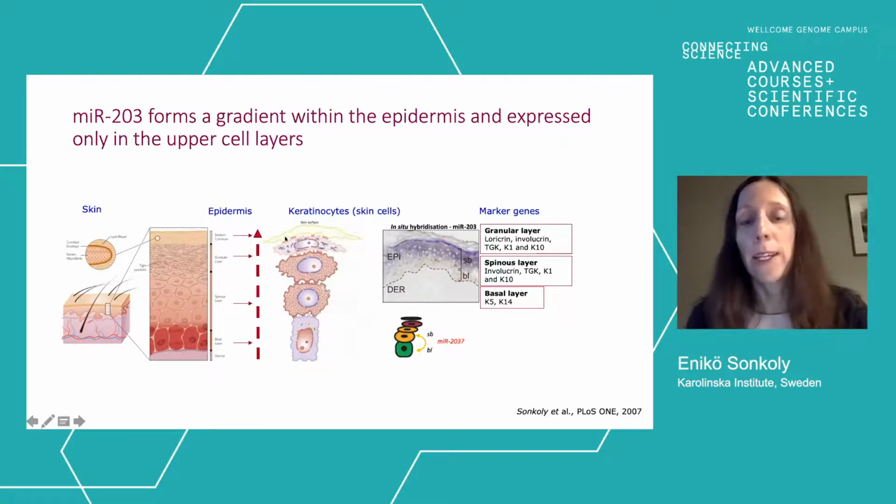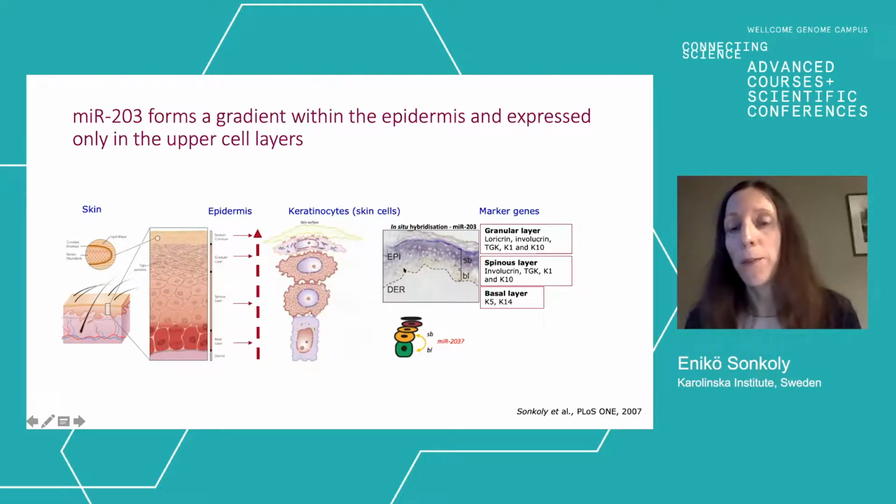So we investigated the spatial expression pattern of miR203 in healthy skin using in situ hybridization. And what we saw, if you look at the purple color, which indicates miR203 expression, is that it was present mainly in the suprabasal layers and absent or almost absent from the basal layer of the epidermis.